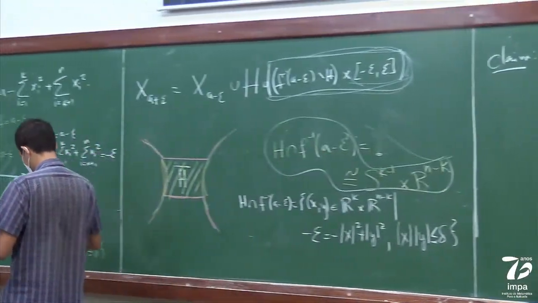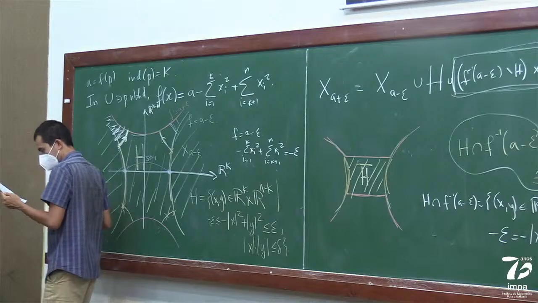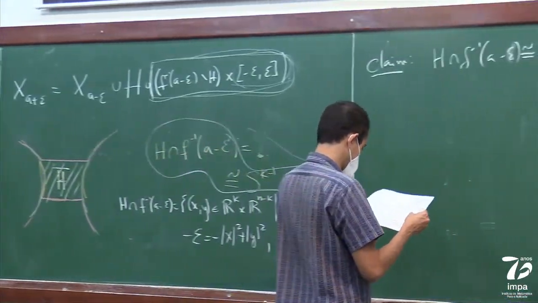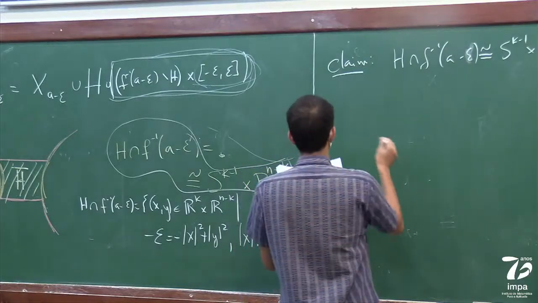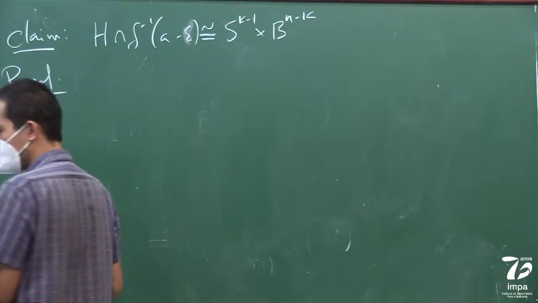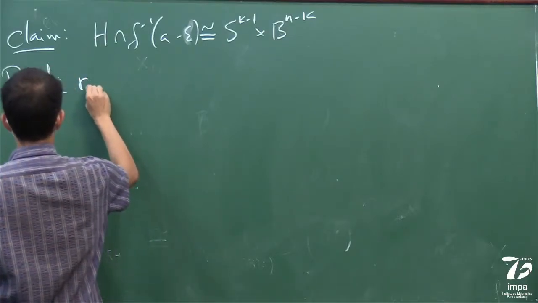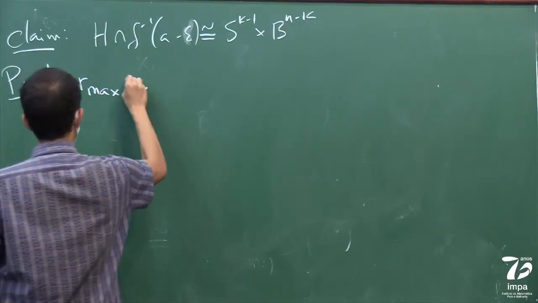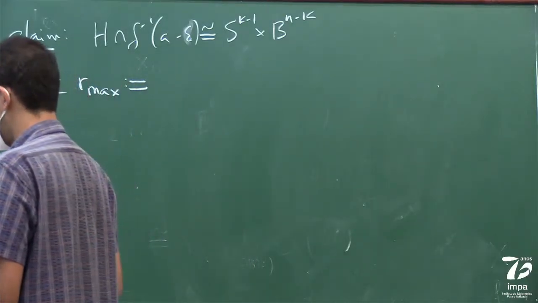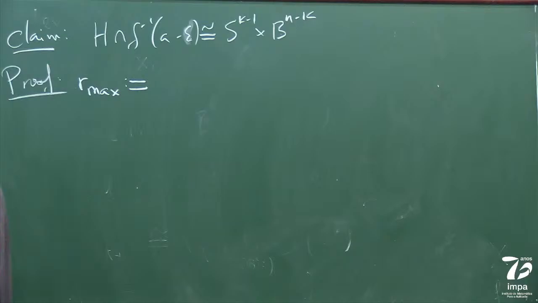So let's see if I can do this. Oh, here it is. Wow. So proof. So I can actually define our max, which is sort of the maximum y that's attained here.